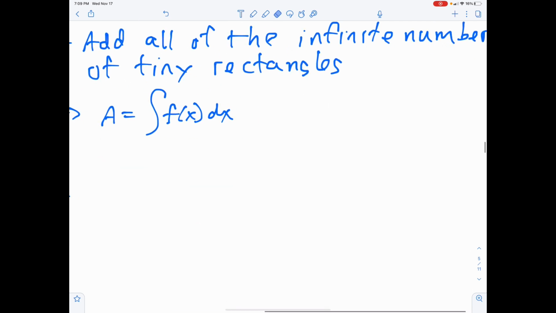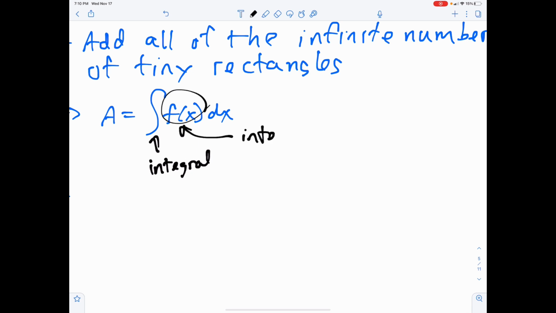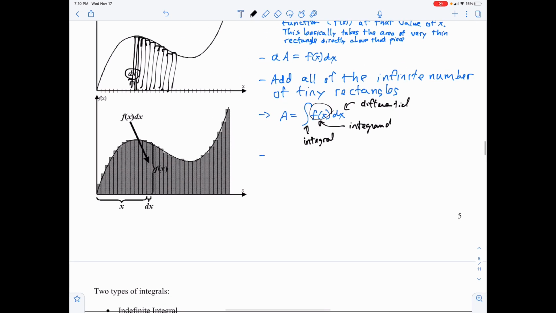So this is the integral symbol. That little part right there is called the integrand, right? And that's the differential. All the differential really tells you is what variable you're taking the integral with respect to, in this case, x.